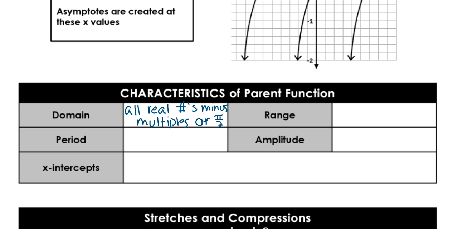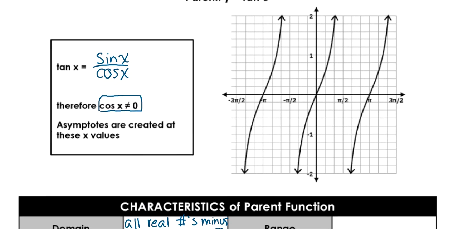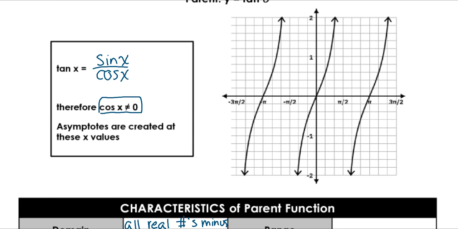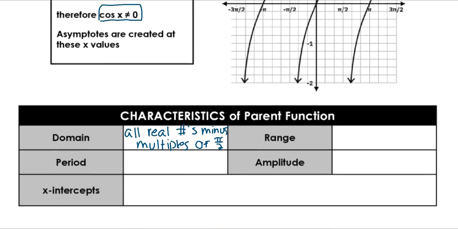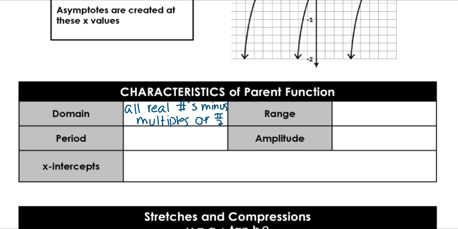Because those multiples of pi over 2 is where we're going to end up with those asymptotes. You can see it in our graph of our parent function, right? Pi over 2, 3 pi over 2, all those odd multiples are going to end up with asymptotes.